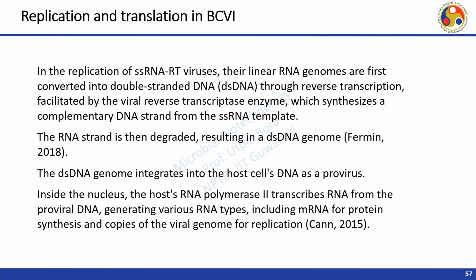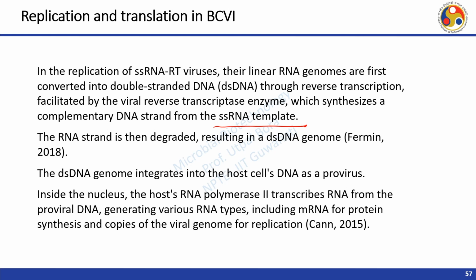The replication and translation in Baltimore class 6 viruses. In this replication of single stranded RNA RT viruses, their linear RNA genomes are first converted into double stranded DNA through reverse transcription, facilitated by the viral reverse transcriptase enzyme, which synthesizes a complementary DNA strand from the single stranded RNA template.